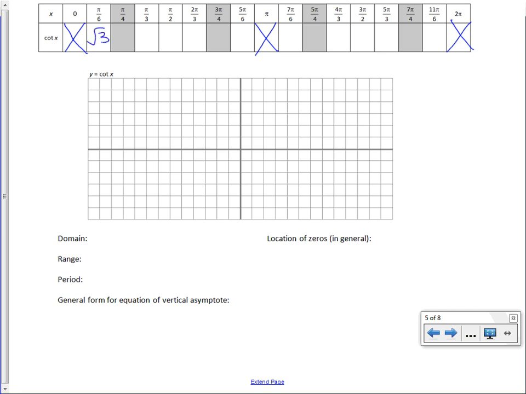So it's going to be root 3, 1, root 3 over 3, 0, negative root 3 over 3, negative 1, negative root 3, undefined. And then repeat it. Root 3, 1, root 3 over 3, 0, negative root 3 over 3, negative 1, negative root 3, undefined. Okay?